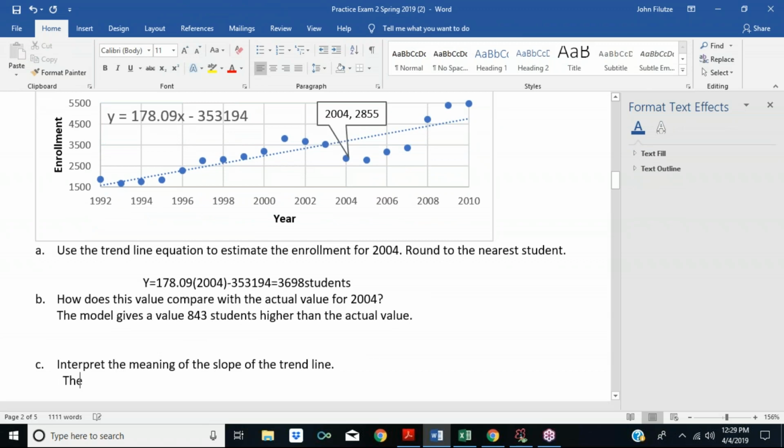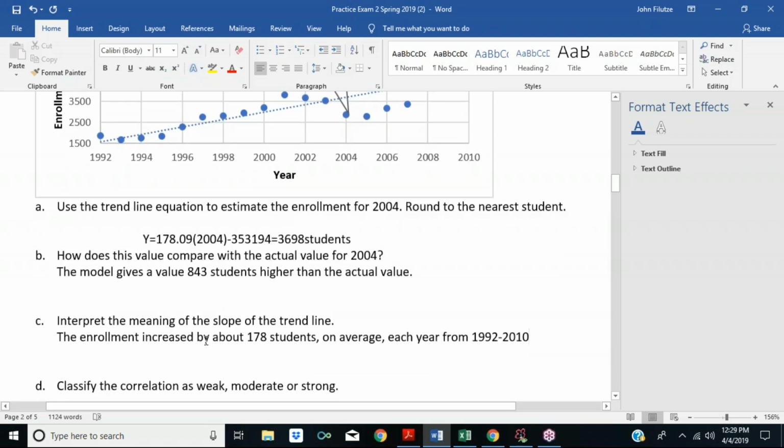And so it means that the enrollment increased by about 178 students on average, and then let's say each year from 1992 to 2010. So that would be how we interpret the meaning of the slope in that case.